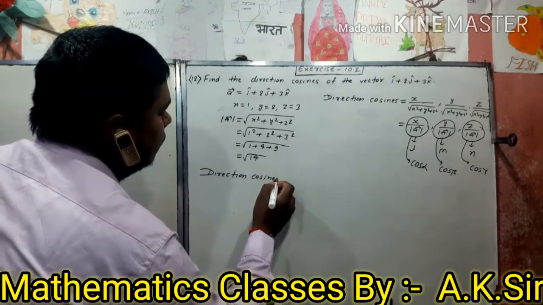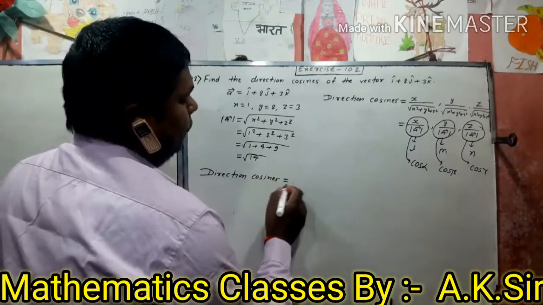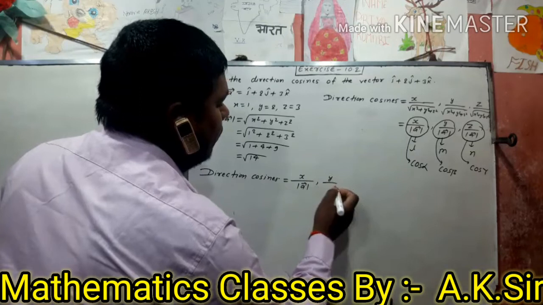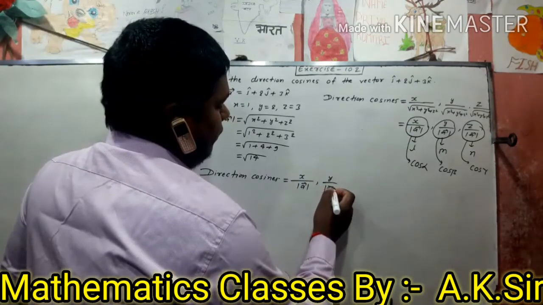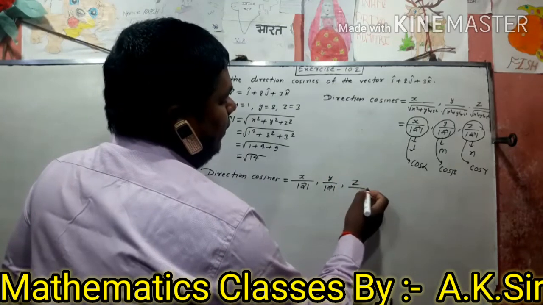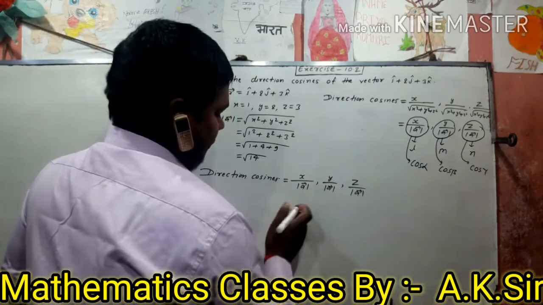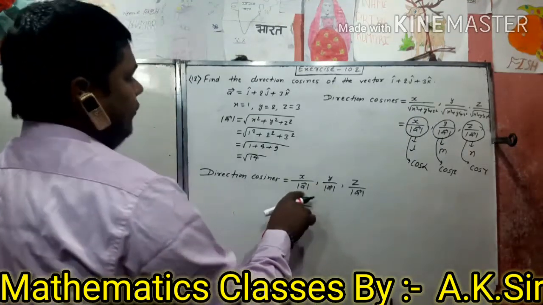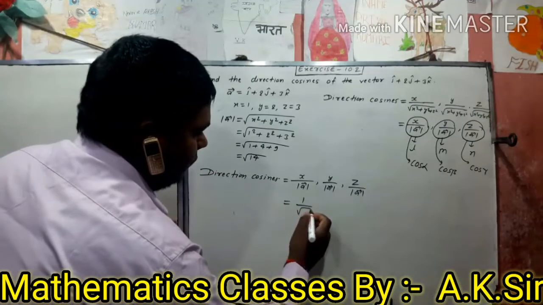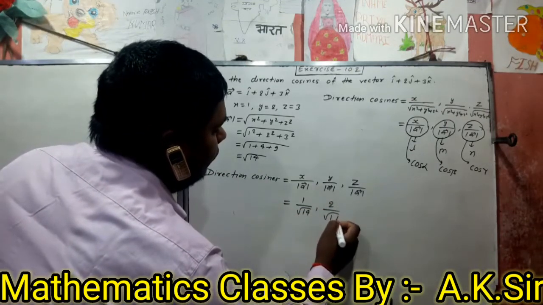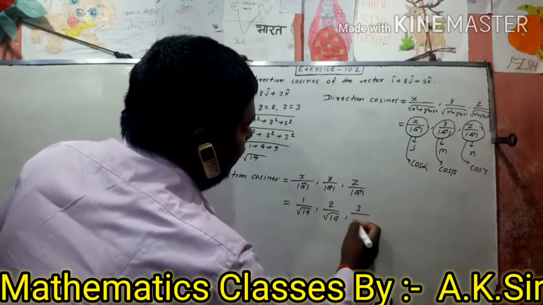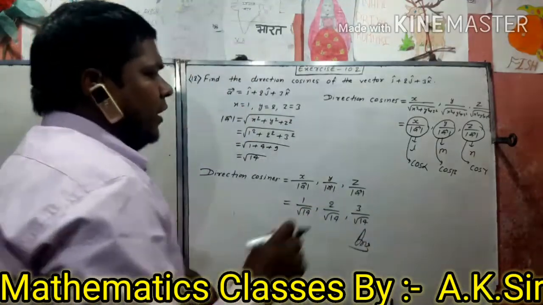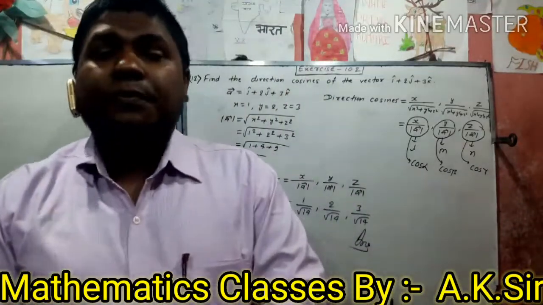Direction cosines are equal to x upon magnitude of A, comma, y upon magnitude of A, comma, z upon magnitude of A, which is equal to 1 by under root 14, 2 by under root 14, 3 upon under root 14. This is our answer.